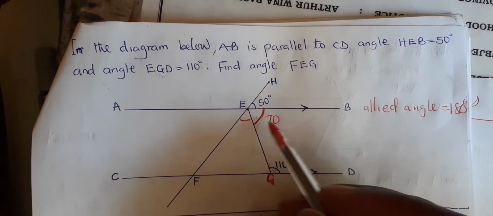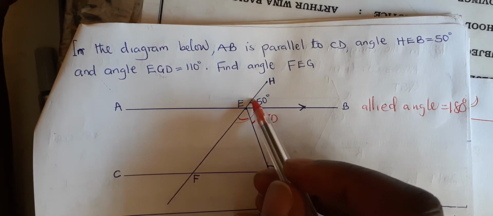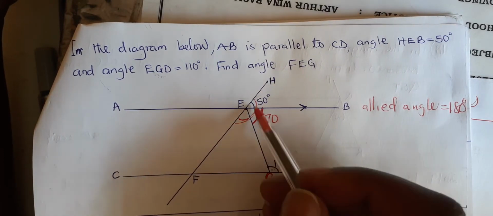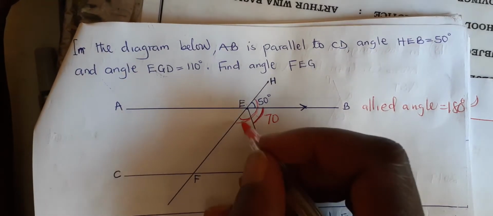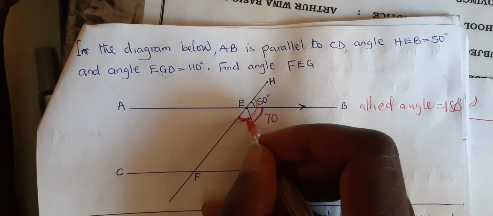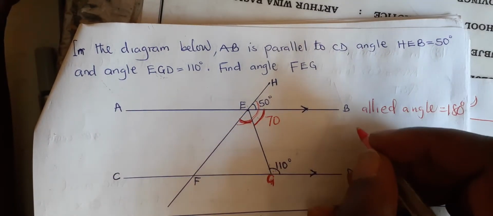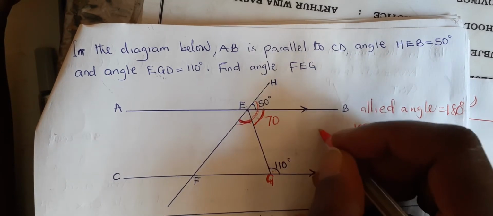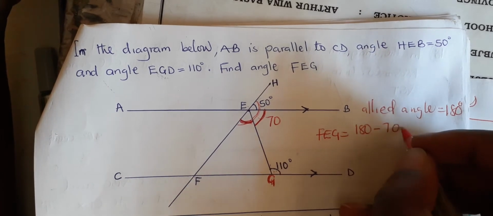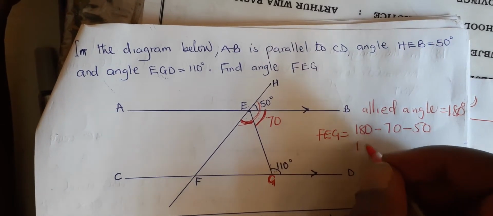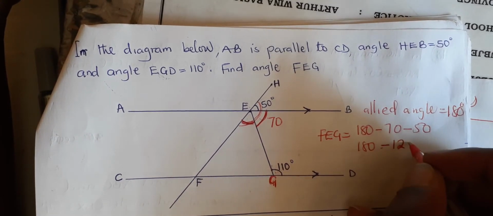Then, if this angle here is 70, we know that all these three angles must give us what? 180, angles on a straight line. So to find this angle here, which is FEG, you can say FEG is equal to 180 minus 70 minus 50. 180 minus 120.